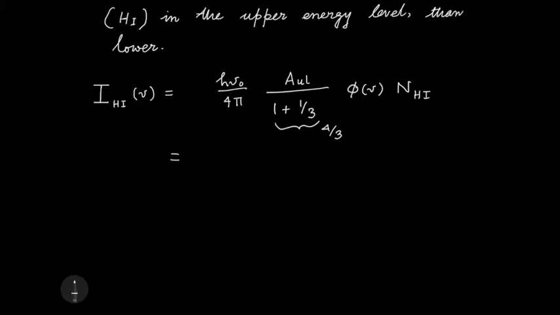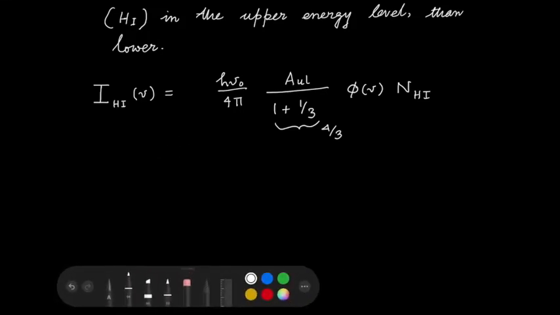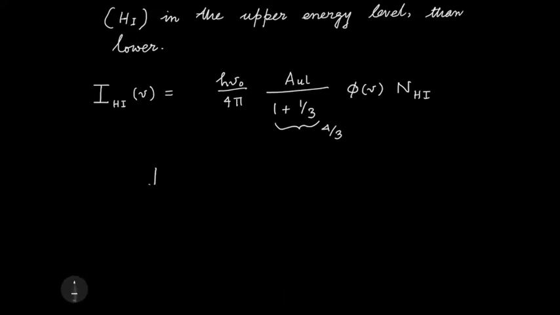The denominator is essentially 4 by 3. So that gives me a formula for the 21 centimeter radiation emission. And this is something very important.